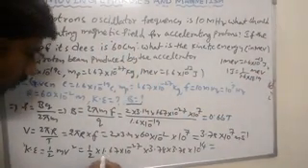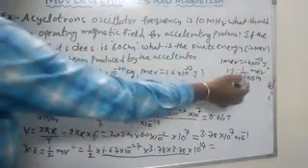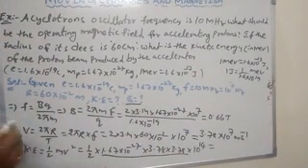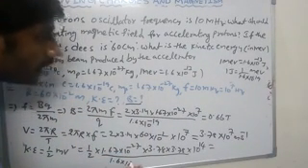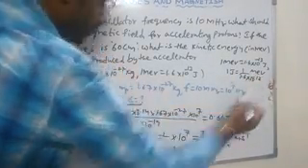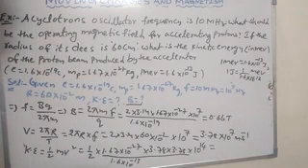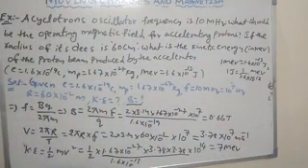So this complete value you divide with 1.6 into 10 power minus 13. Simplify, how much will you get? That is 7 mega electron volt.